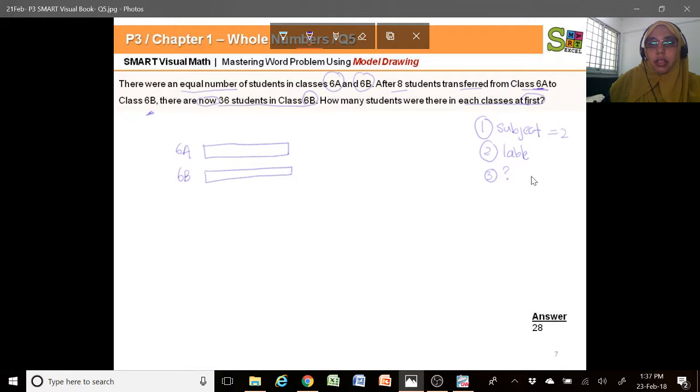Then this first sentence is done. After 8 students transfer from 6A to 6B, so there's 8 like this, where you're going to transfer to B. So this one no more. And now B becomes 36, like that.